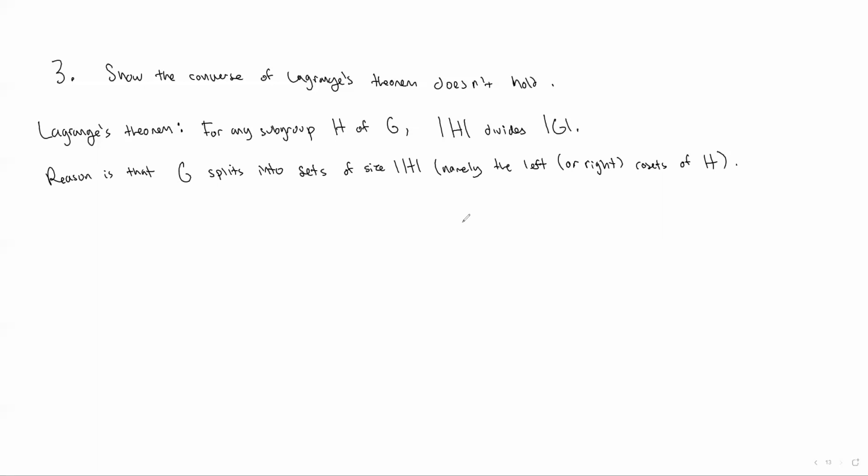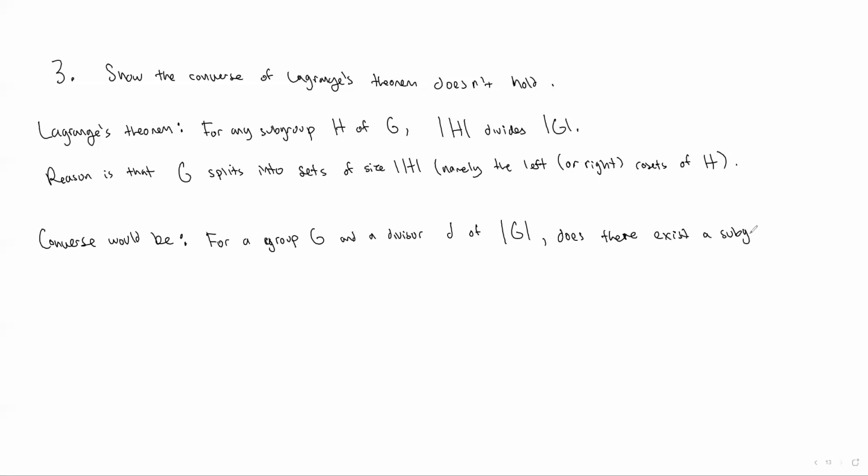And the converse would be: for a group G and a divisor D of the number of elements of G, does there exist a subgroup H with D elements?